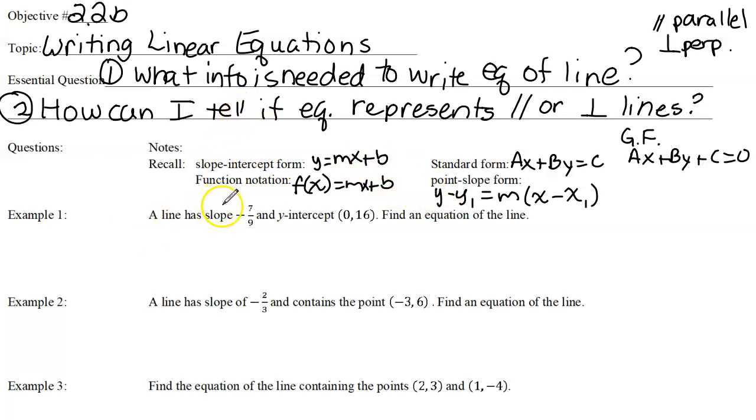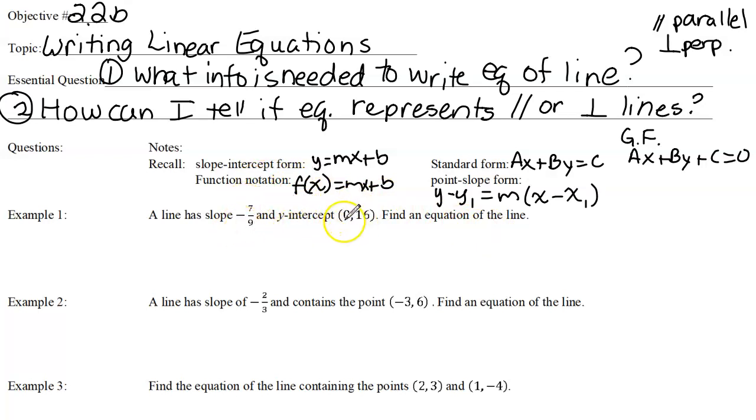So let's look at example 1. It says the line has a slope, okay, I need that, of negative 7/9 and a y-intercept of 16. So there's your y-intercept, right? So that's slope-intercept. Find the equation of the line. Well, I have a point and I have a slope.